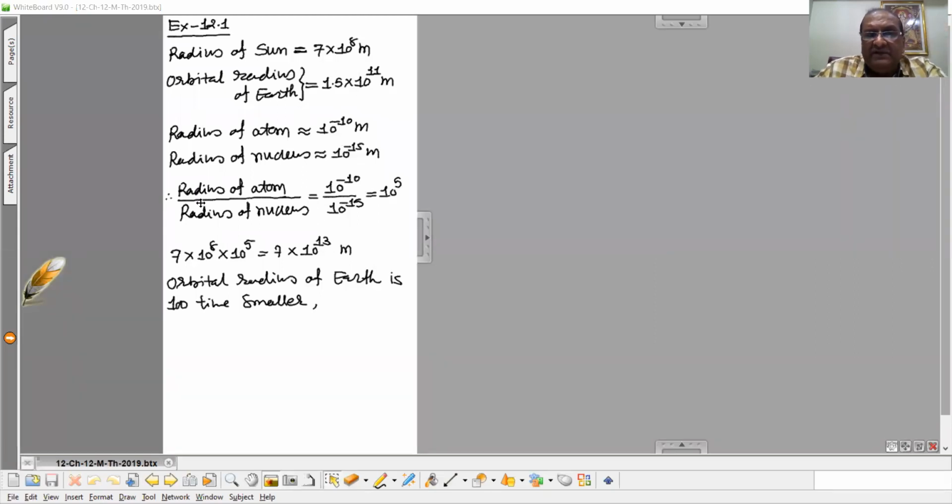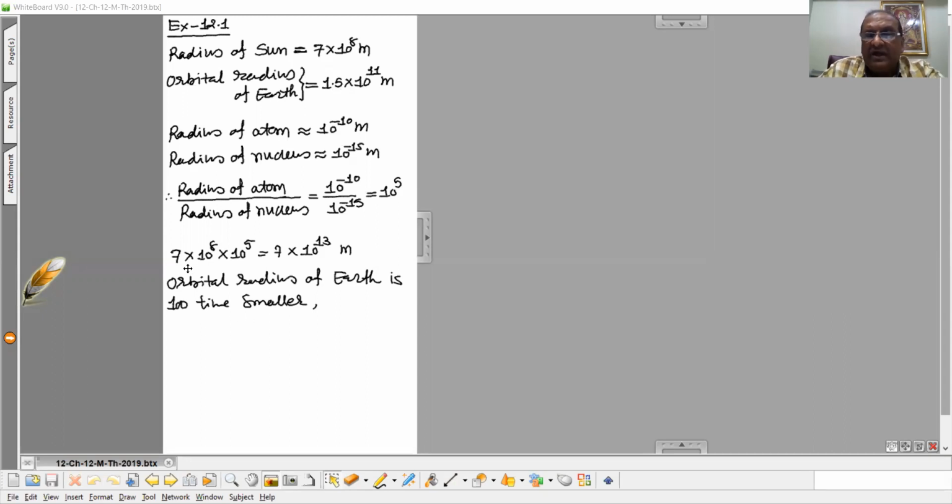So if we take the ratio of the radius of the atom to the radius of the nucleus, we can observe this: 10 raised to minus 10 upon 10 raised to minus 15 is equal to 10 raised to 5, meaning the radius of the atom is 10 raised to 5 times more than that of the nucleus. But in the case of the Sun and the orbital radius of Earth, this ratio is of the order of 10 raised to 3.